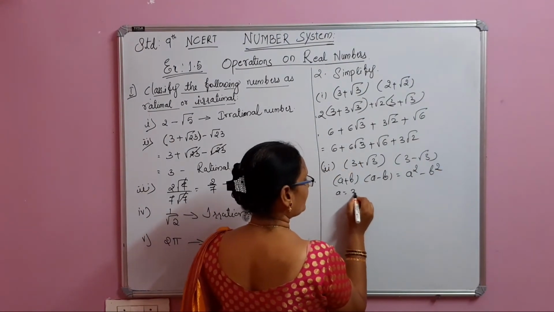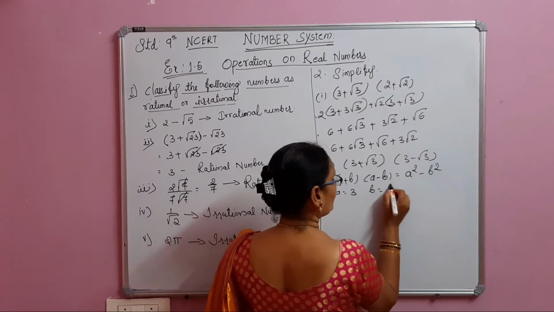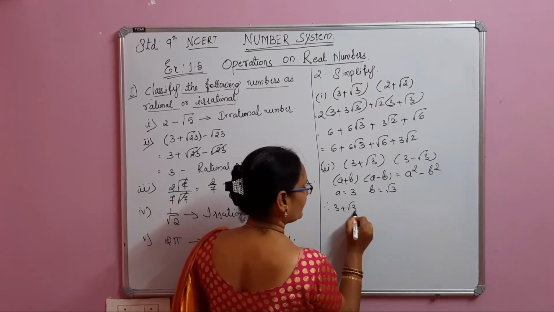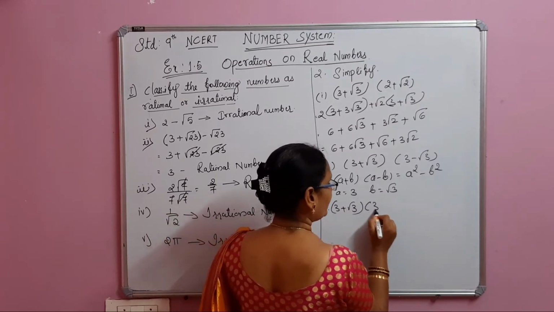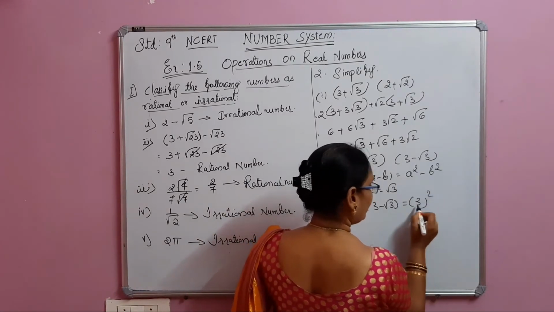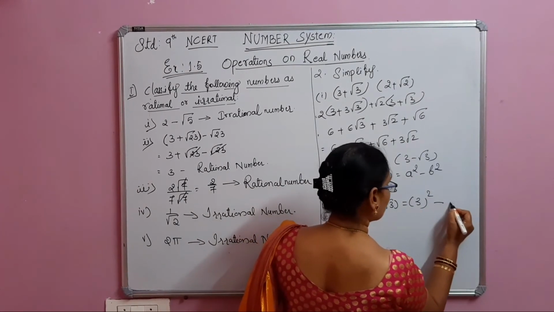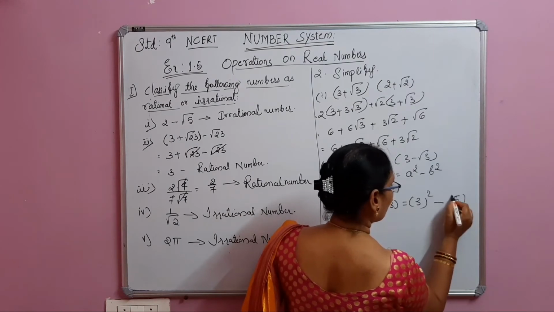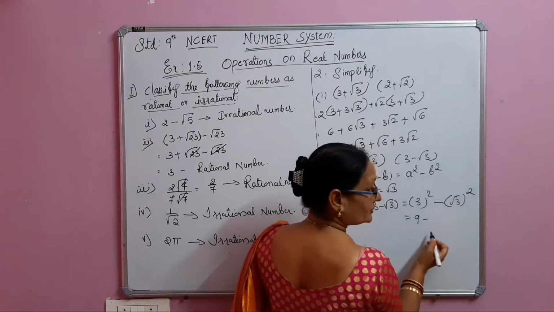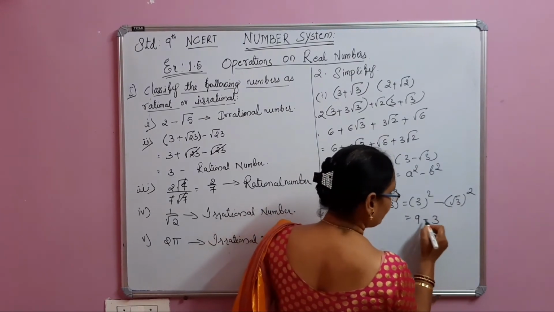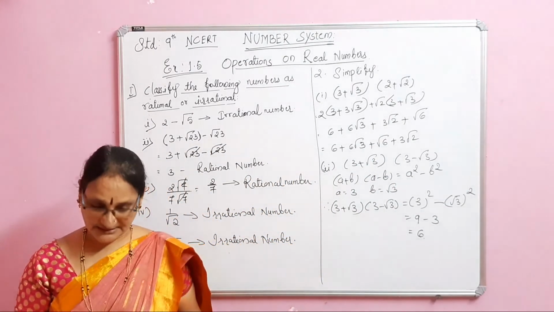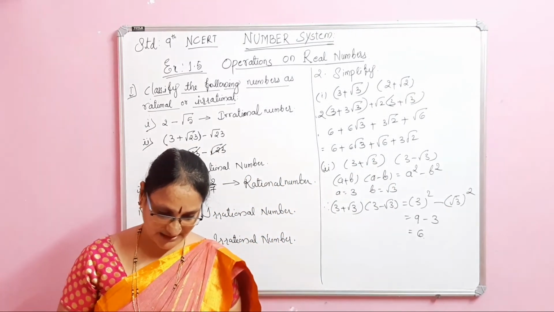Here a is equal to 3, b is equal to root 3. Therefore, 3 plus root 3, 3 minus root 3 is equal to a square, 3 square, minus b square, root 3 whole square. 3 square means 9. Root 3 into root 3 is root 9, that is 3. 9 minus 3 is 6. The answer is 6. This way you can solve the remaining examples also.